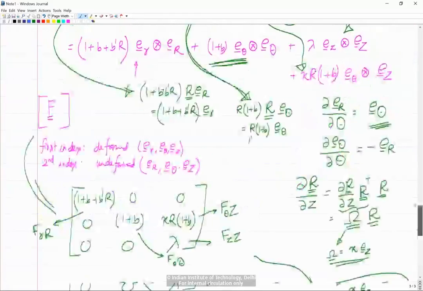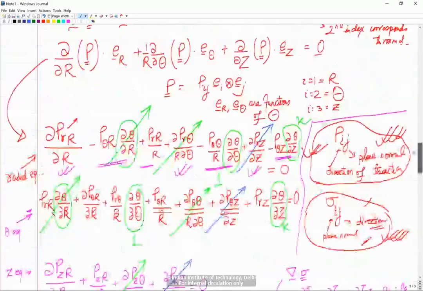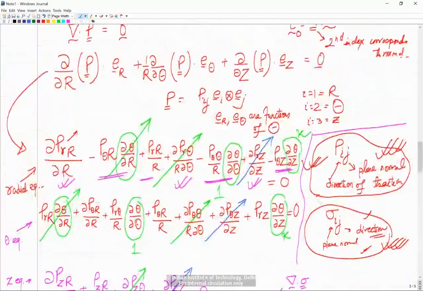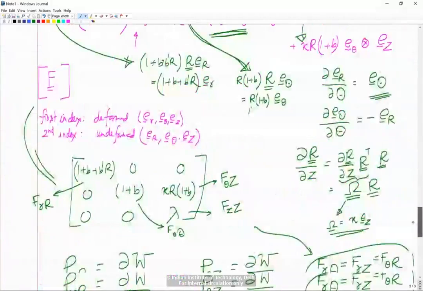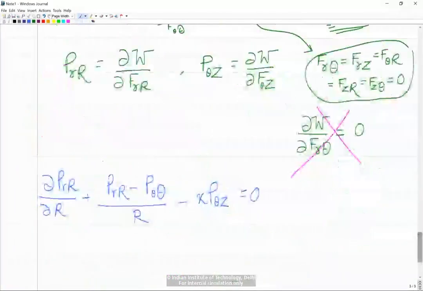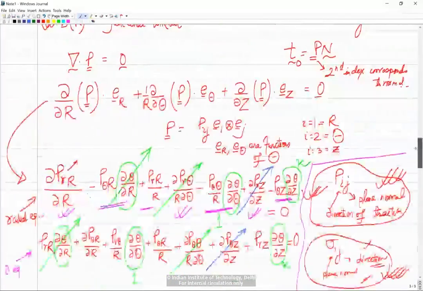So this is what the equation remains finally. Okay, I think I have this minus sign also present there. Or is this correct? Maybe it is correct. Sorry. Yeah, this is correct.